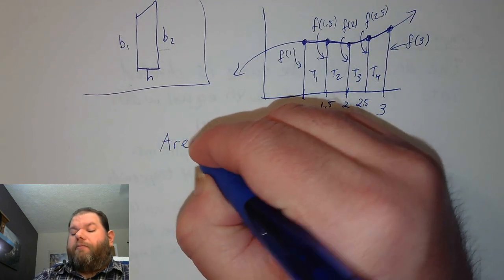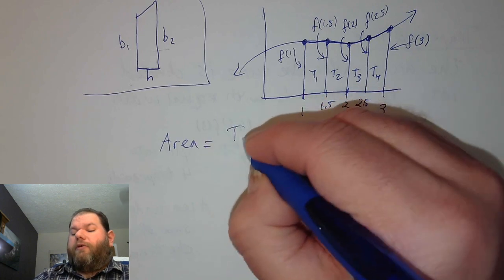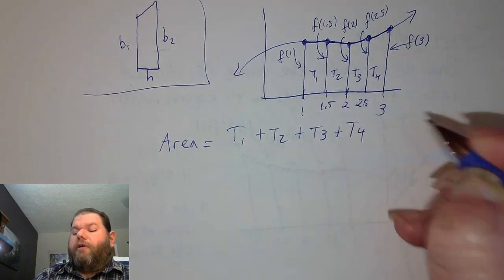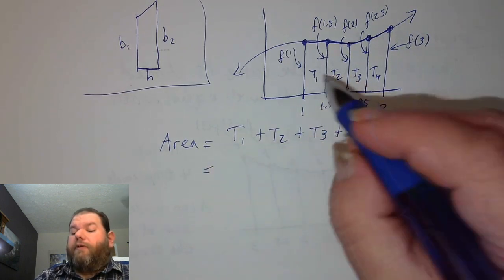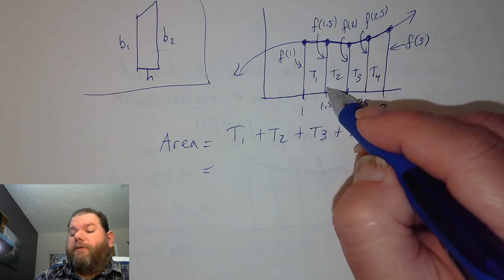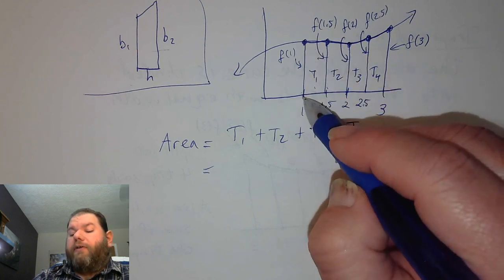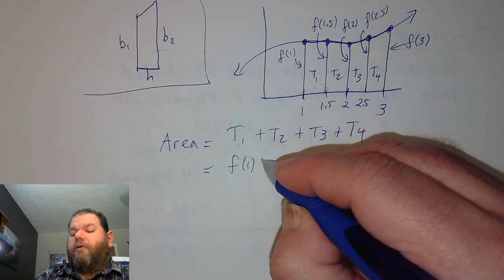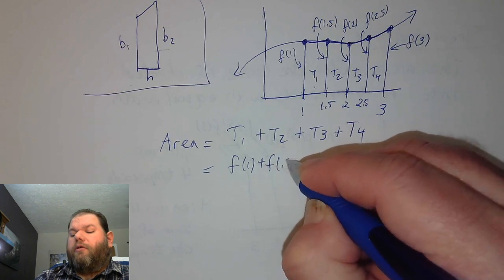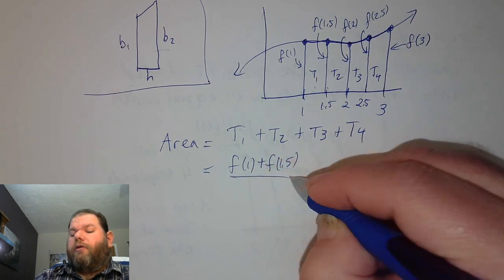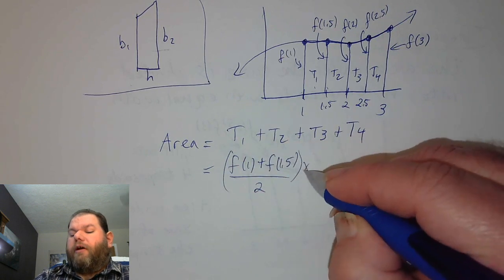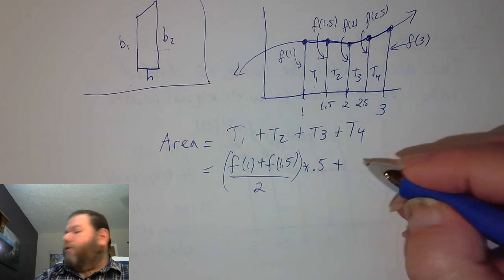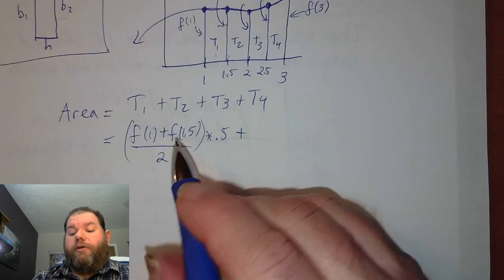So the area is equal to T1 plus T2 plus T3 plus T4. So T1 we said is the average of the two bases. Well, for T1, one side is f of 1 and the other side is f of 1.5, divided by 2 times the width, 0.5, down here. And that's T1.